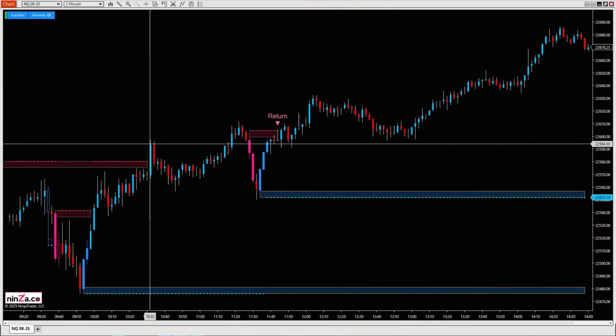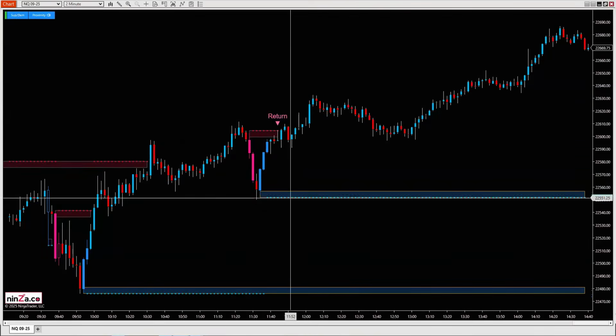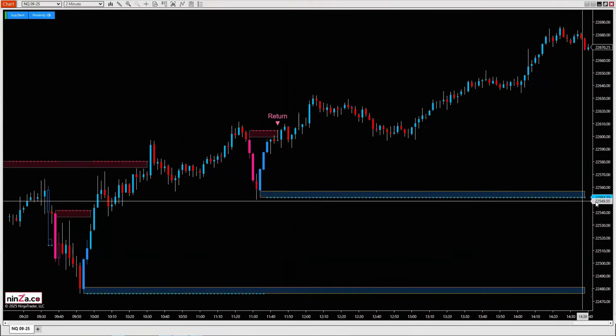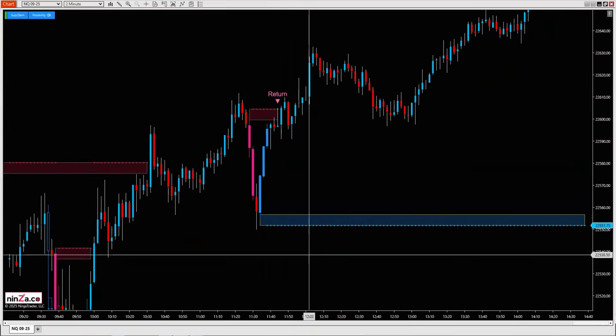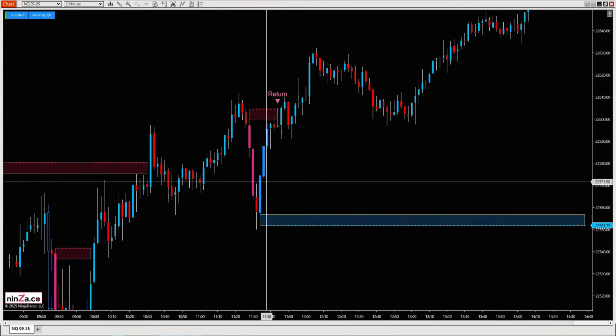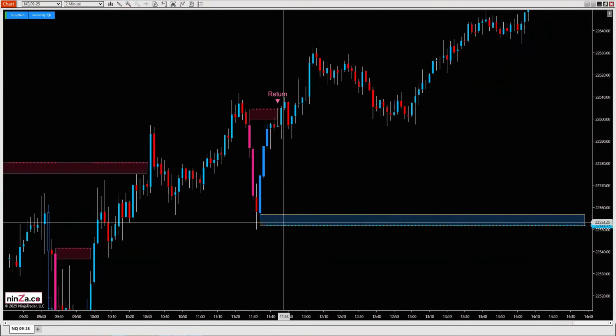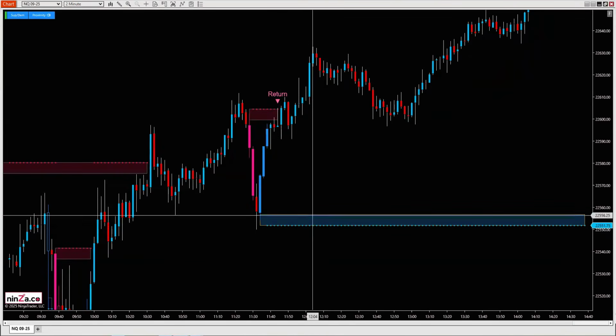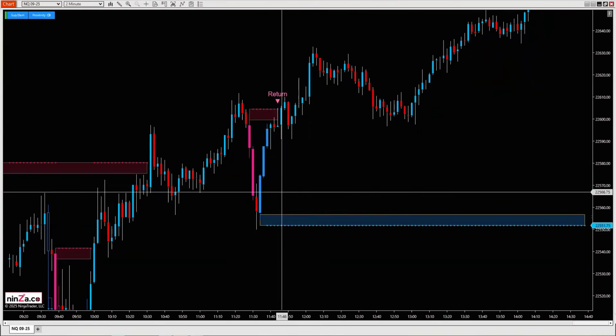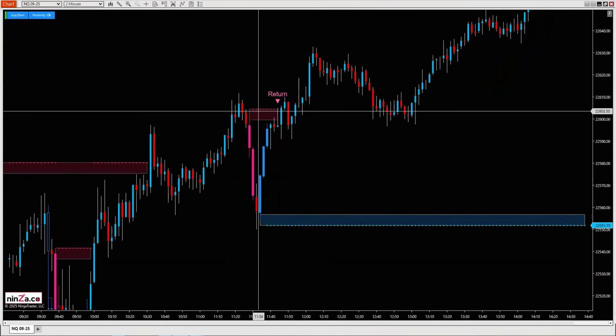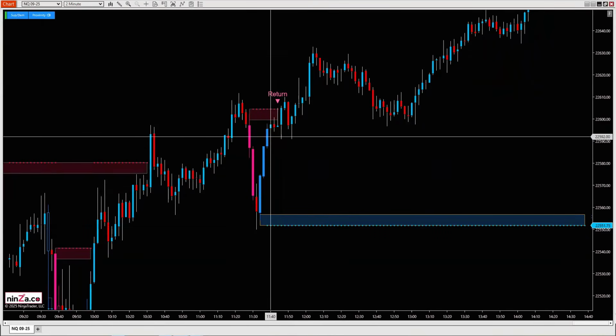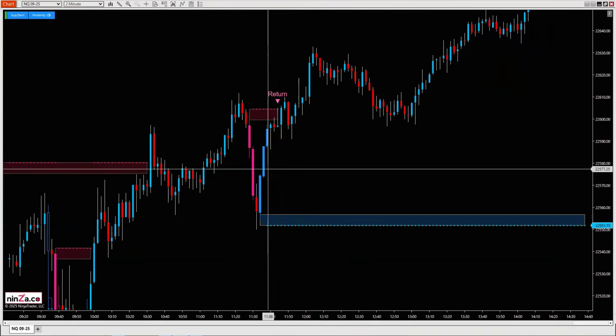Okay, so let's say price arrives here, and you would not see this, I think, until this bar closes. But I'm looking down and I'm seeing this area of support. I am bullish now, at least until price arrives here. I'm looking to see if there was lots of buying coming in.